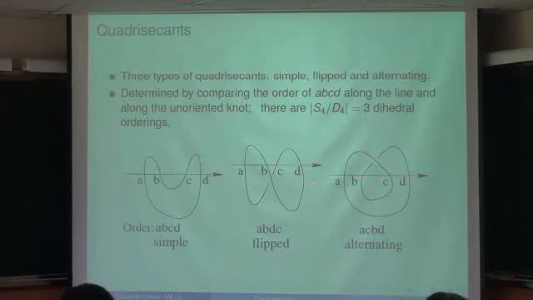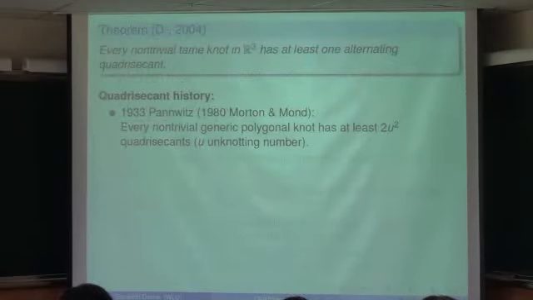And I don't really care about the order along the knot. I could have drawn these differently. These are just representatives of the 3 types. So a theorem I proved a long time ago is that there's at least one alternating quadrisecant.